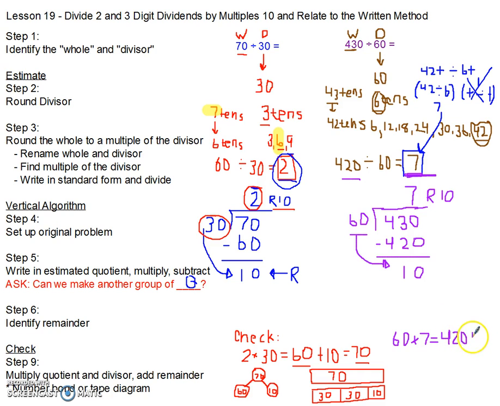Then I would add my remainder, which is 10, and that is equal to 430. And then we check this against our original whole, 430, so we are correct.